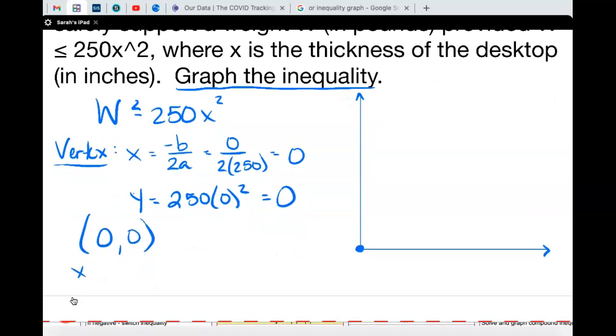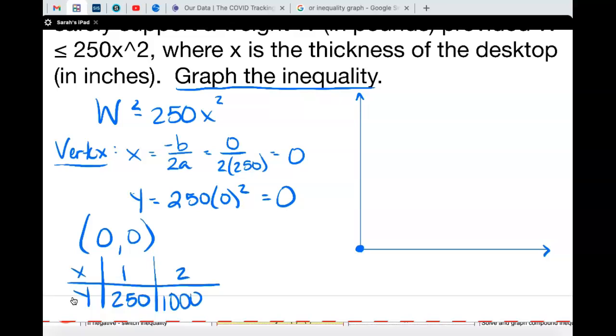Okay, so now making a table. What do you want to substitute in for x? 1. And what do we get out? 250. And plug in 2. 1,000.